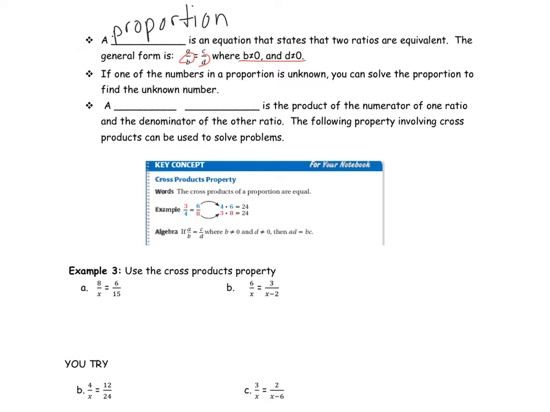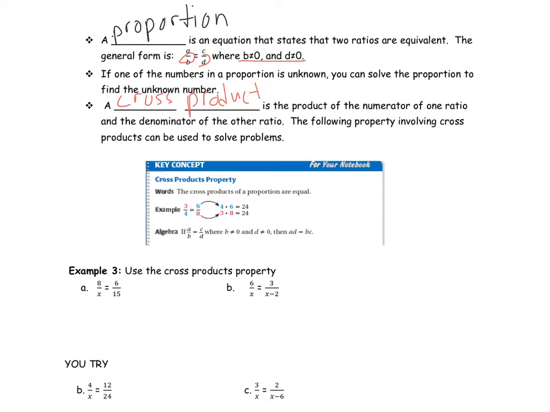If one of the numbers in a proportion is unknown, you can solve the proportion to find the unknown number. You guys all should probably know how to do this. This is called the cross product, which is the same as cross multiply, or some of you maybe called it the butterfly method.